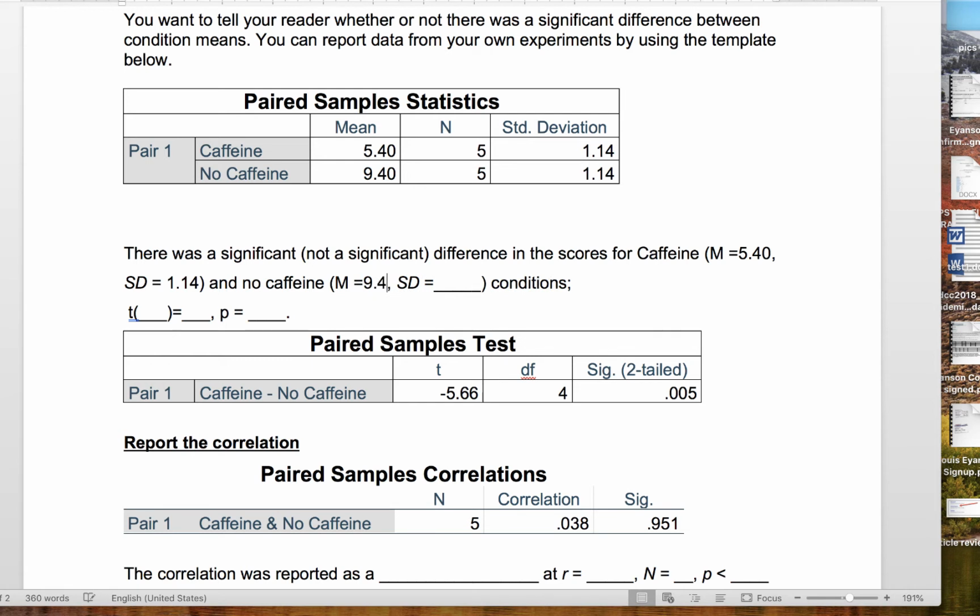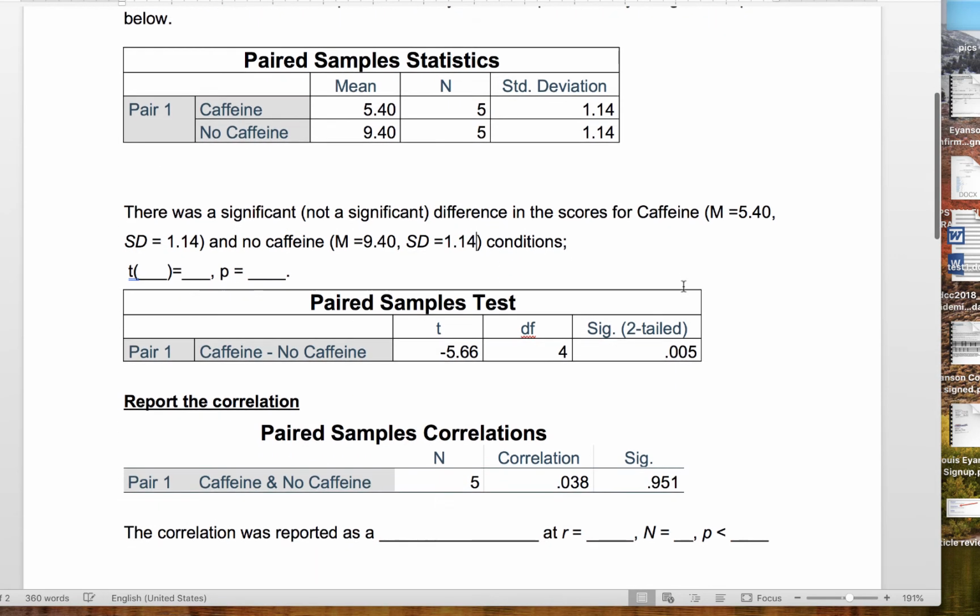That comes in the box down here that says paired sample t-test. In between the parentheses is our DF. Our DF here is 4. And you can see it right here, DF 4. Your T value, okay, is negative 5.66. Okay, you can see that answer right here.